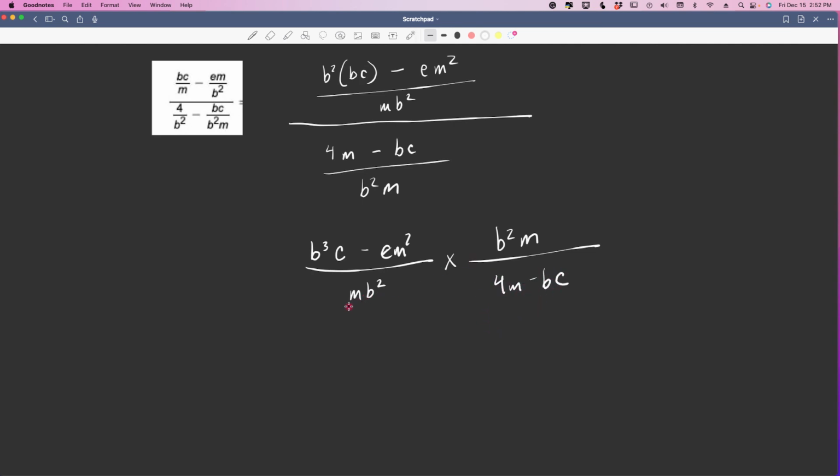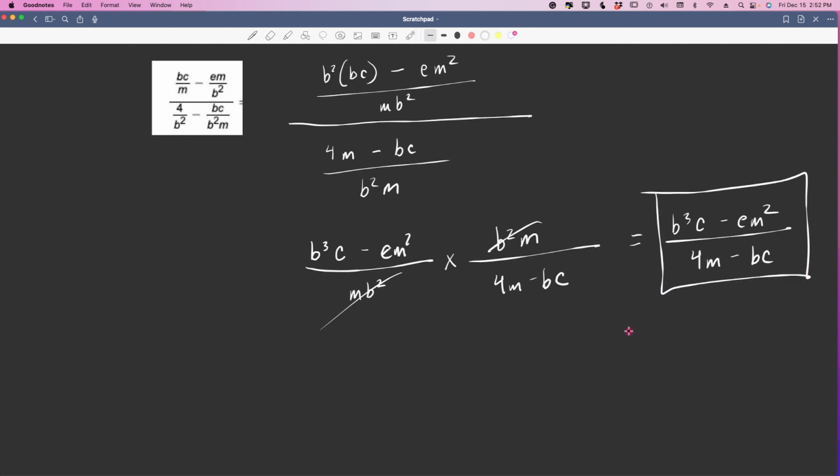All right, do you see how mb squared and b squared m, those are the same terms, so we can cancel those out entirely. So what we have here is going to be b cubed c minus em squared all over 4m minus bc. And that is the way we should write it, just like that.